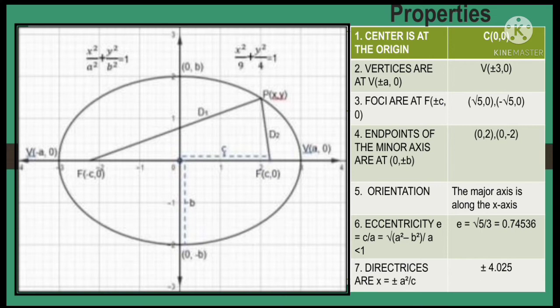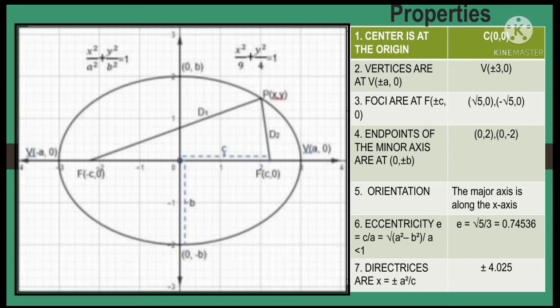The foci are at (±c, 0), which is (square root of 5, 0) and (negative square root of 5, 0). The endpoints of the minor axis are at (0, ±b). In the given equation we have 4, and if we take the square root of 4, we come up with 2.